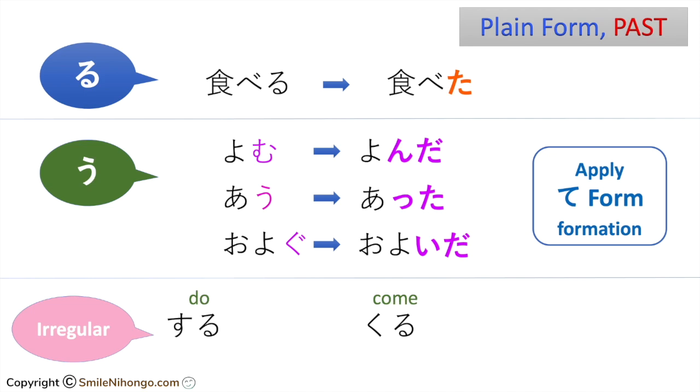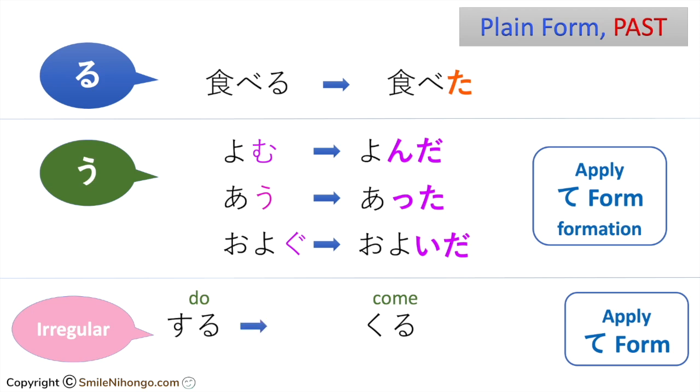We have one more group which is irregular verbs, but for this group, you actually do the same as you did for U verbs. You simply apply the te form conjugation. する is して in te form, and then 来る is 来て in te form.